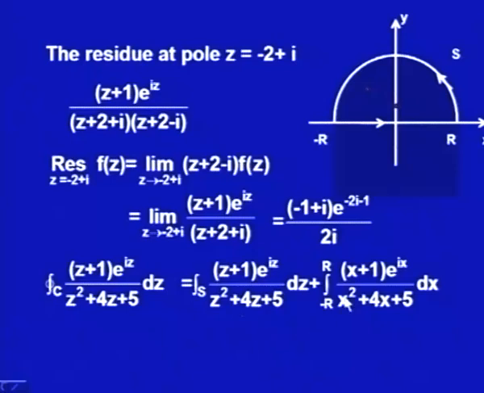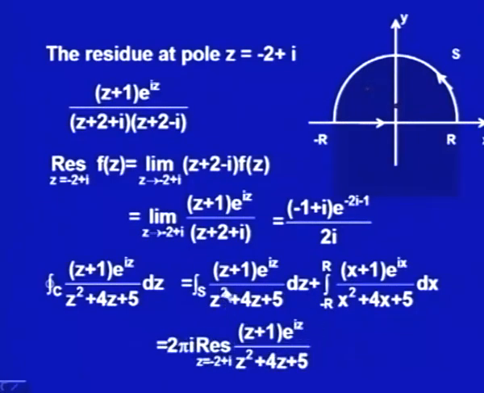Now, this is equal to 2πi into the residue of this function at −2 + i, which we just calculated. If I multiply it with the 2πi, the 2i and 2i would cancel out, and I would get again −π into (1 + i) into e^(−2i − 1).